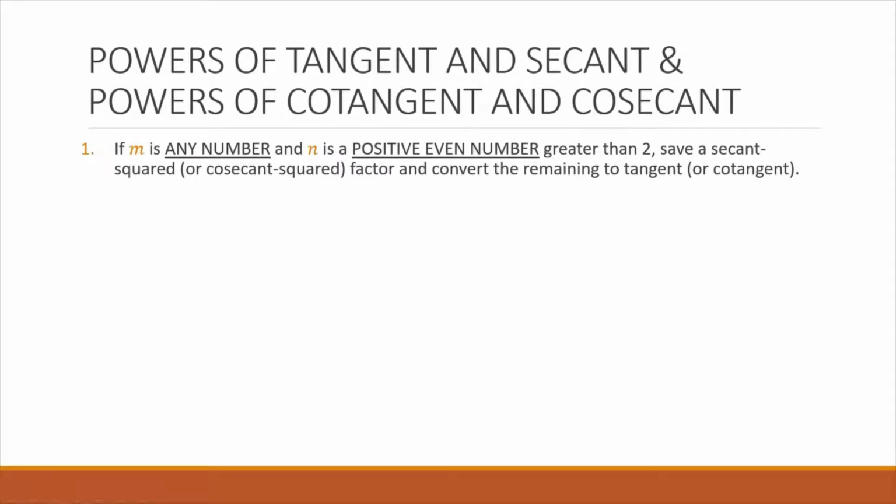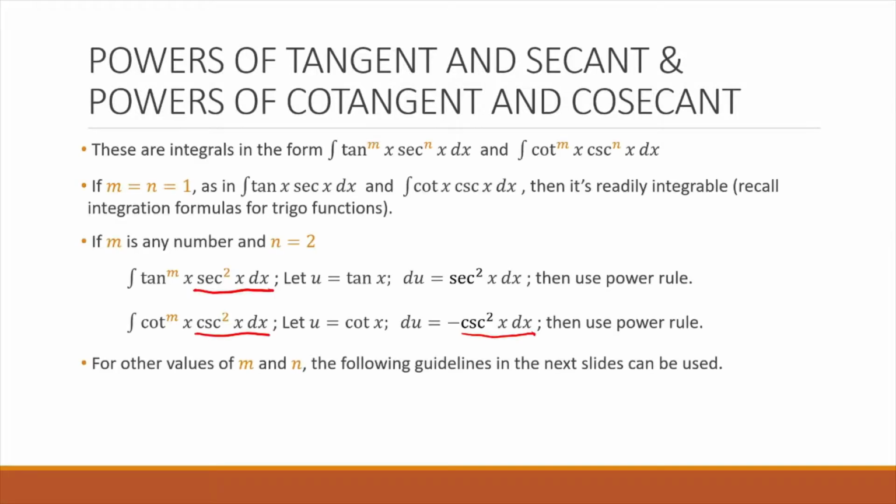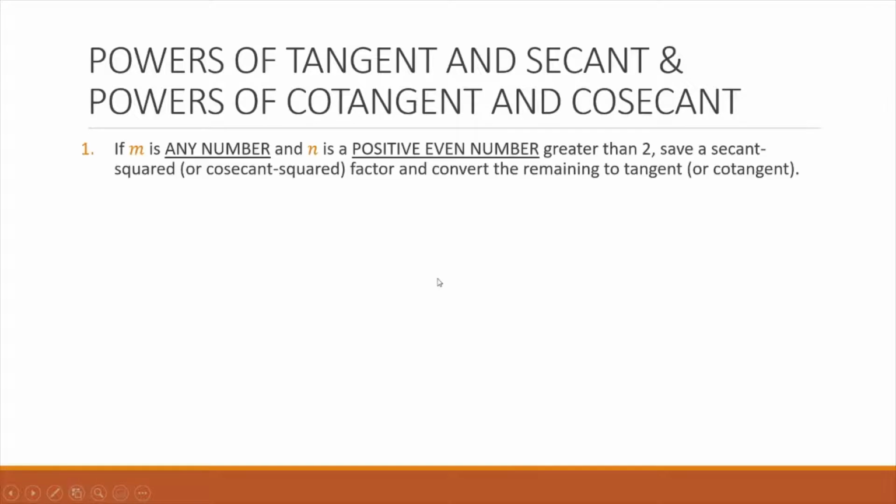If m is any number and n is a positive even number greater than 2, so emphasis on greater than 2 kasi if it is equal to 2, then we have the previous na case, di ba?